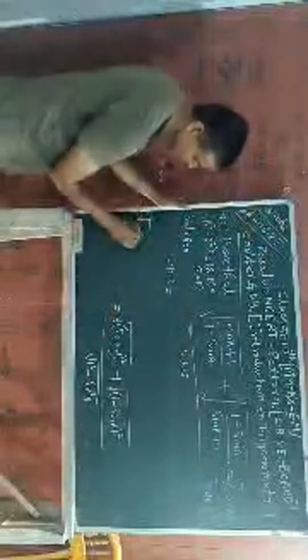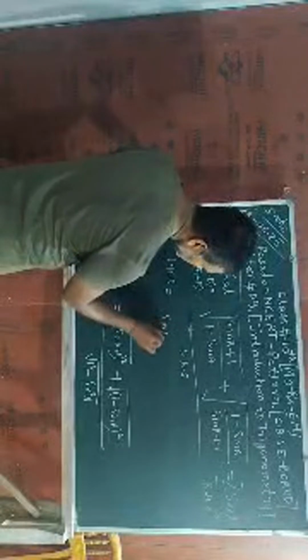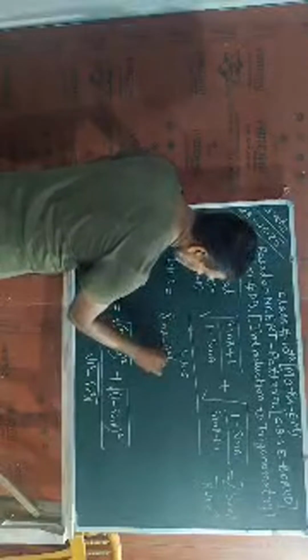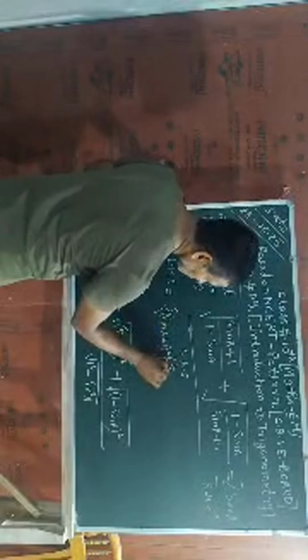Here one concept I am going to explain again. If a square root is given, I can write this value as 1 by 2. So here I can write sin A plus 1 whole square, and also I will put the power 1 by 2.